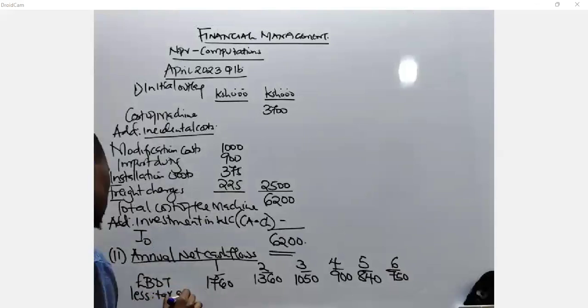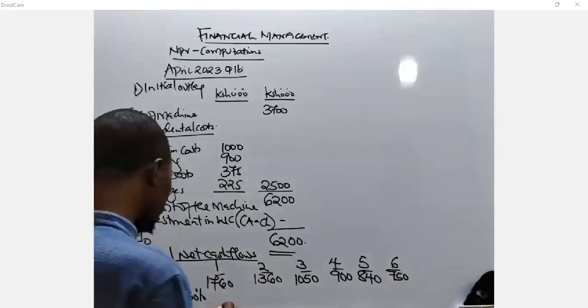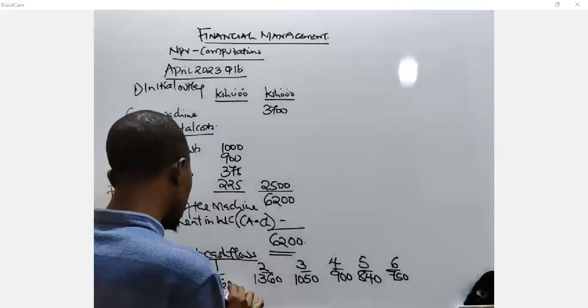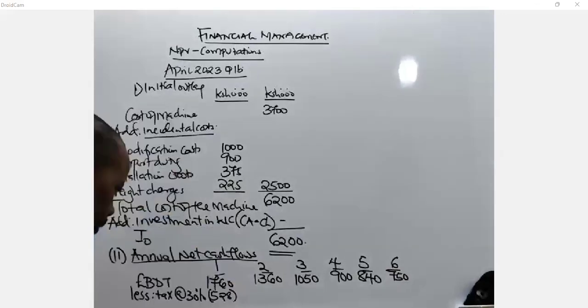I can see we are being given the taxes at the rate of 30%. So you take your calculator, 30% of 1,760. So 176 times 3, getting 528 here. Then 1,360 times 0.3, getting 408.